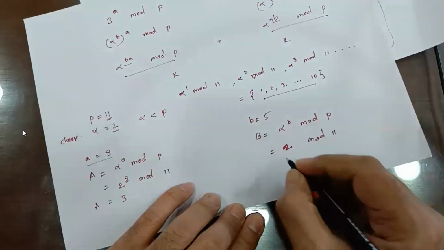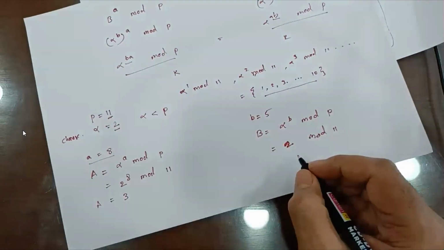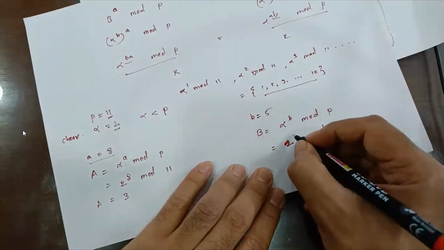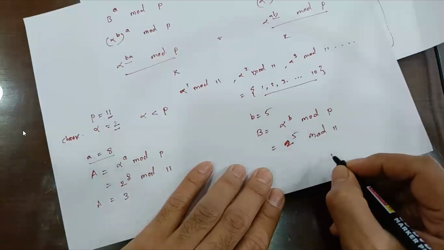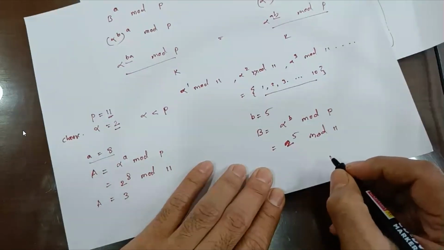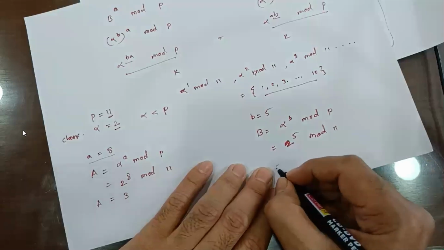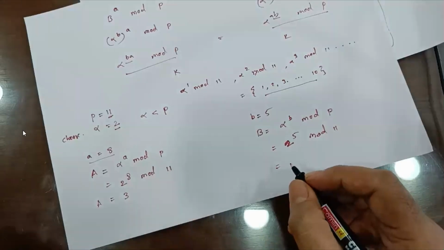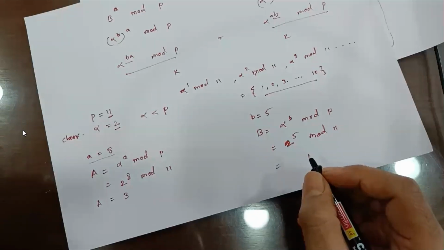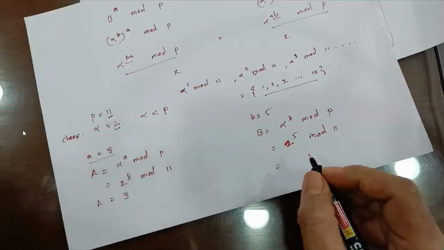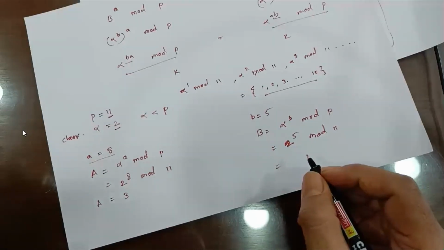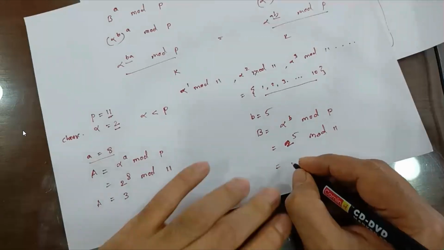Let us choose this as 5. So this will be 2 raised to 5 mod 11. What could this be? 32 mod 11. 33? Is it 2?